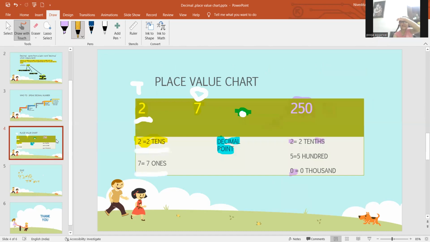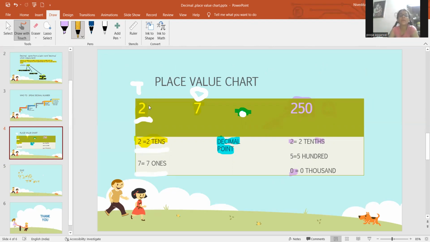For example, here, one more point I have to tell you, that before the decimal point we will read the numbers combined, and after the point we will read them separately.